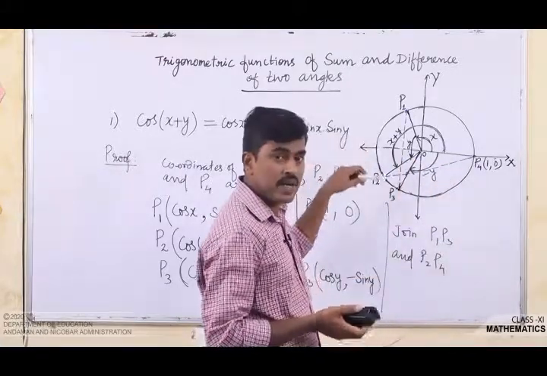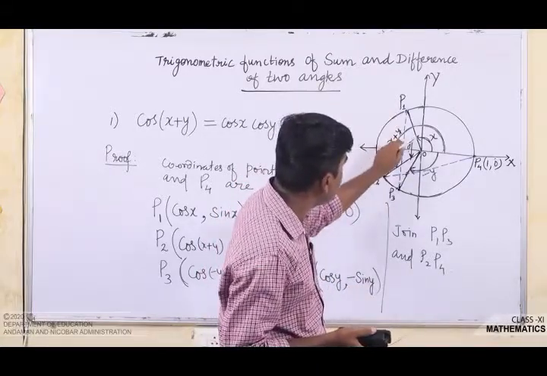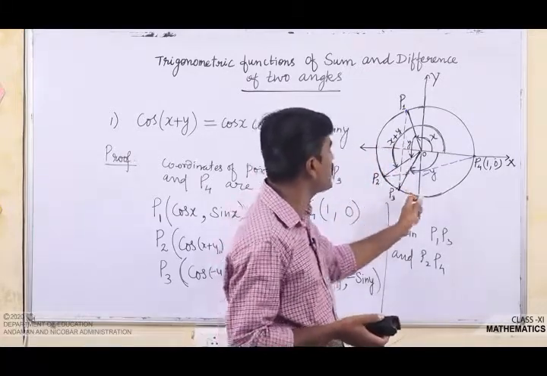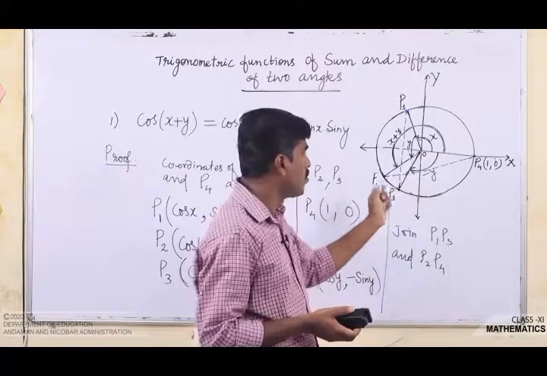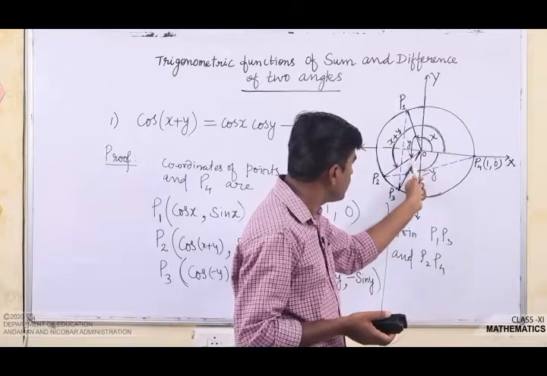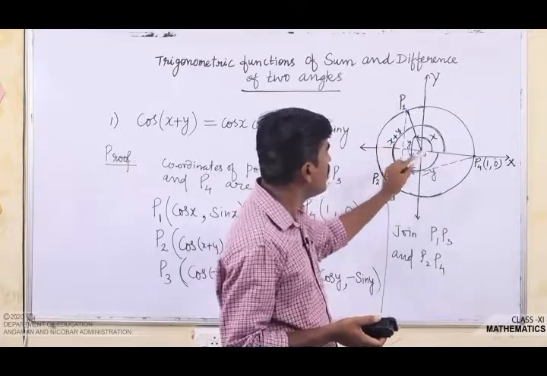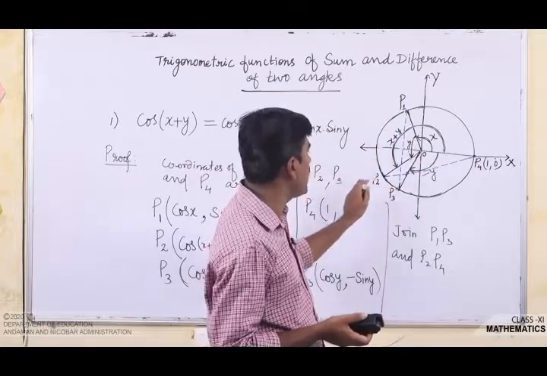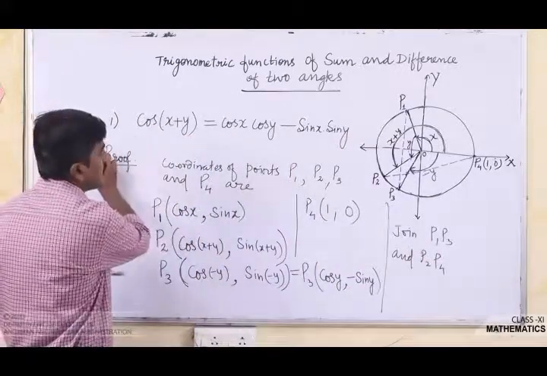So, two corresponding sides are equal, and the angle P1O P3 is this angle y plus angle P2O P3, and here also the magnitude of the angle is y, it is taken as minus y because it is measured clockwise. So these two angles are also equal, that is angle P1O P3 is equal to angle P2O P4. So, these two triangles are congruent there.